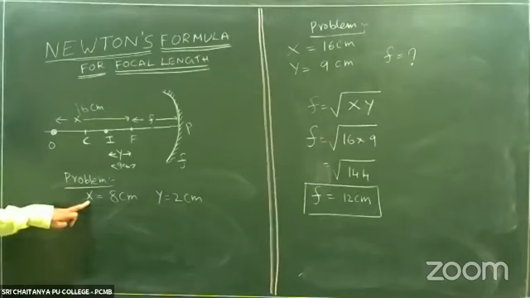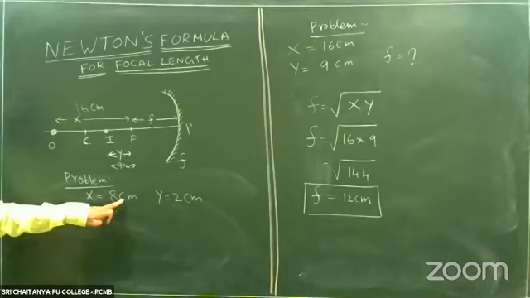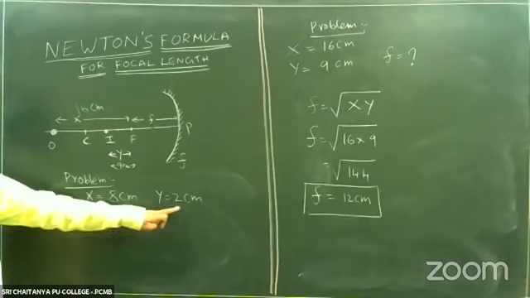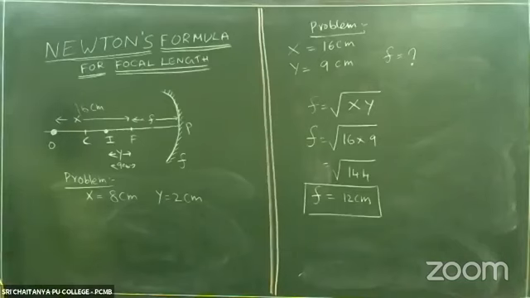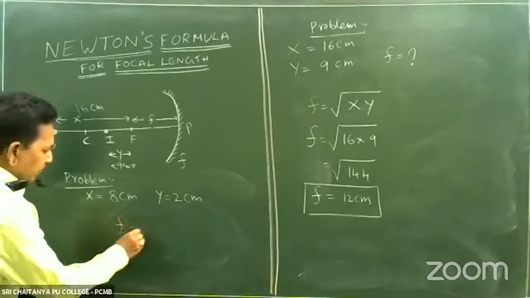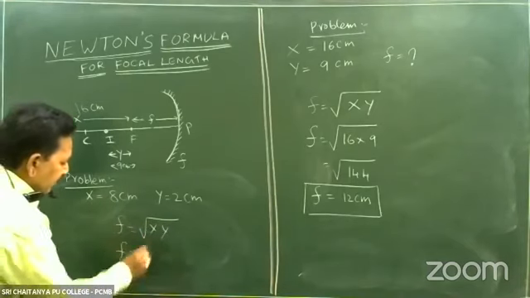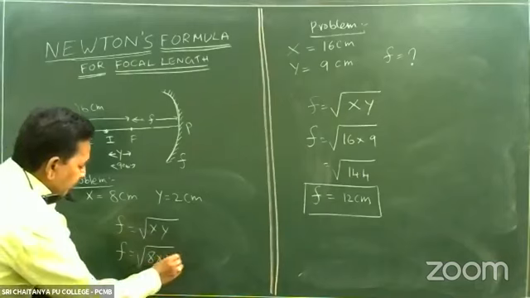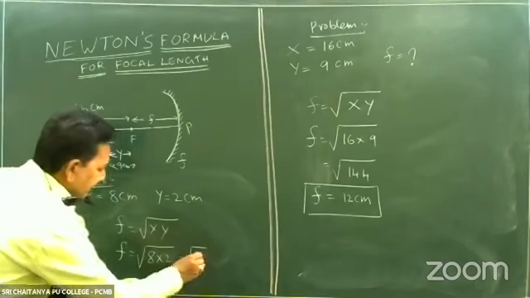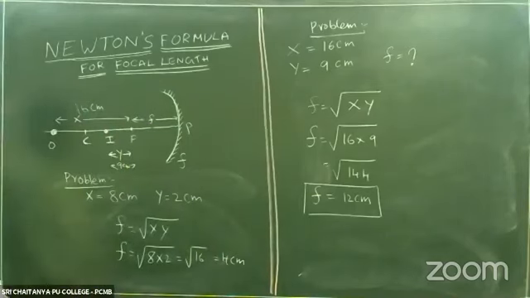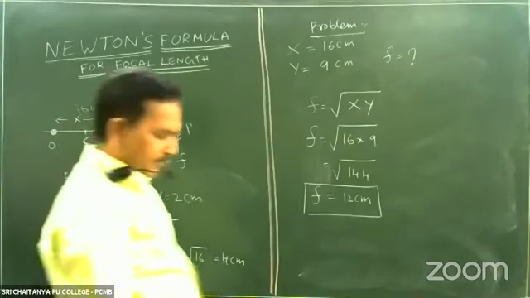Calculate the focal length. f is equal to root x into y. f is equal to root 8 into 2, root 16. That is equal to 4 centimeters, the focal length of the mirror.